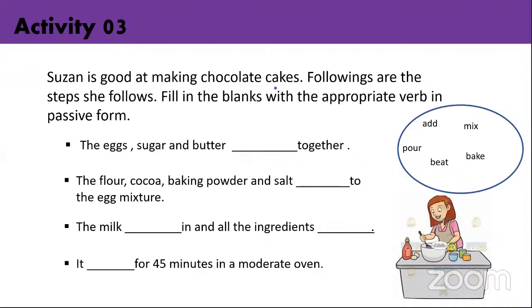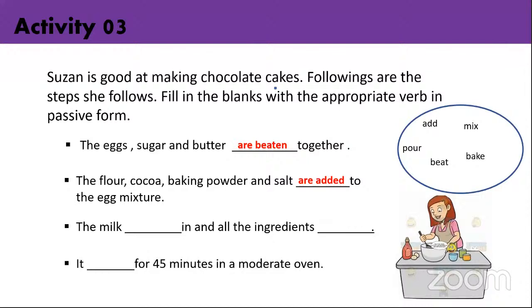Shall we discuss? Yes, what is first? The eggs, sugar and butter together are beaten together. Next one, the flour, cocoa, baking powder and salt are added to the egg mixture.